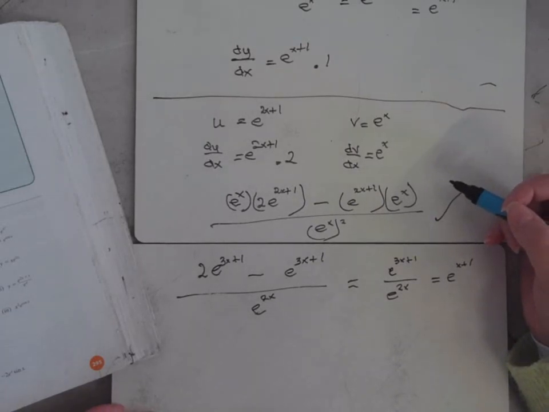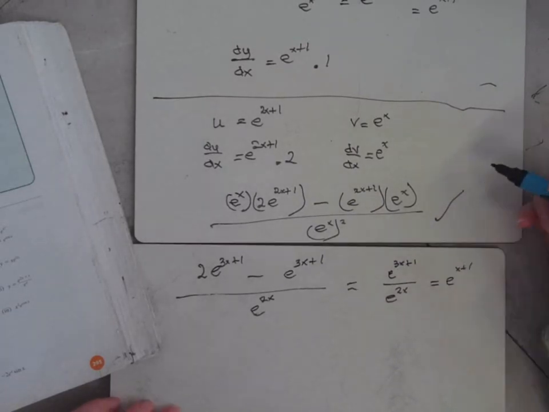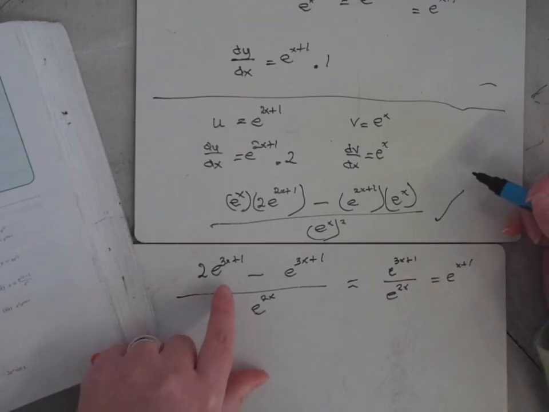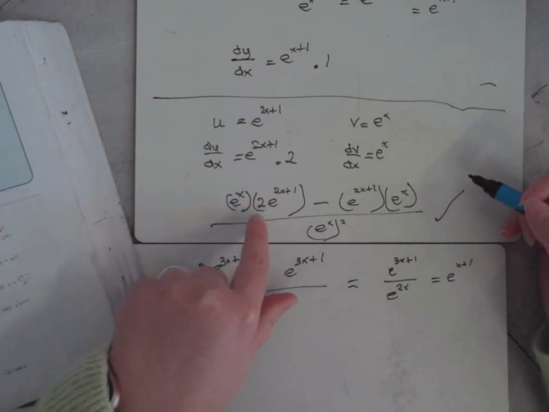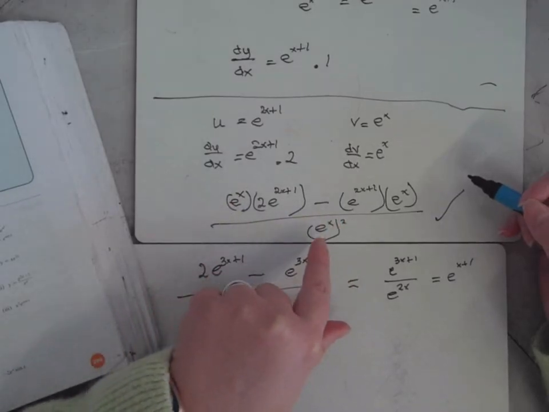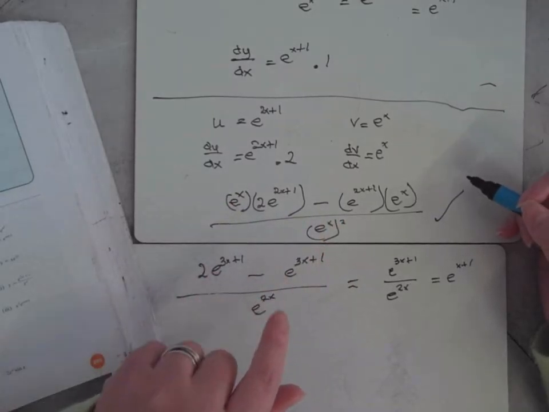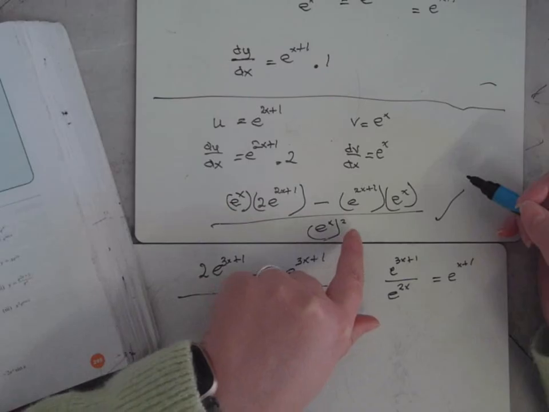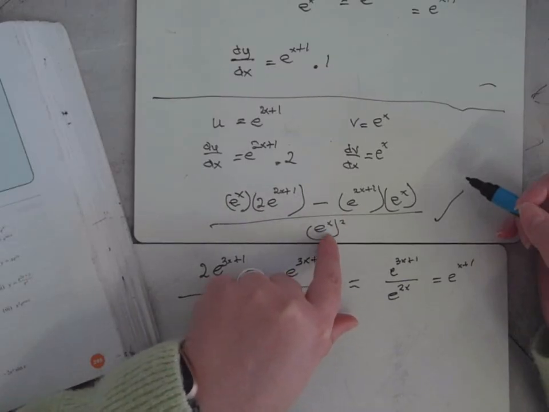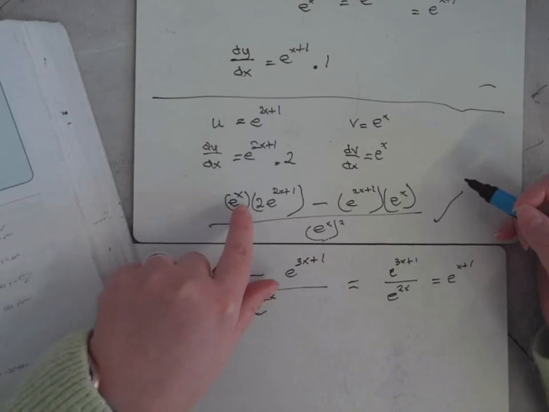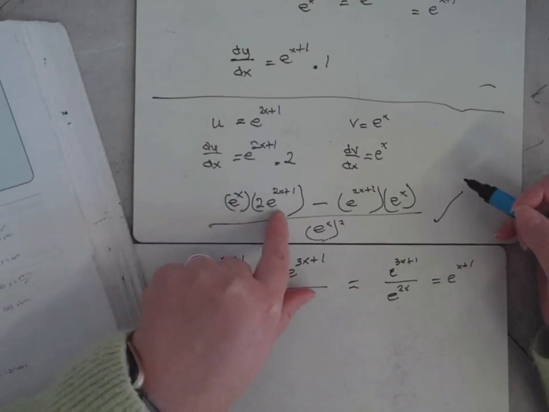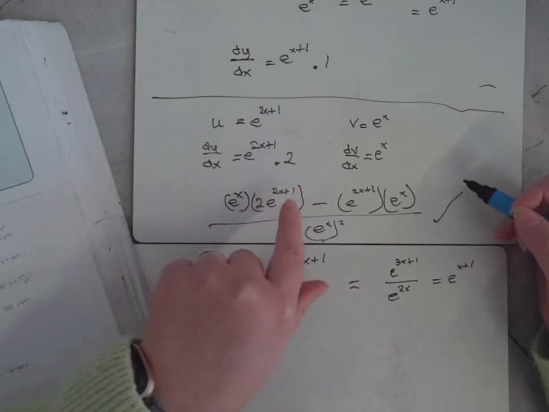Why did you add the indices on the top, but then on the bottom you multiplied them? Because that's the formula, as in I multiplied x by 2. When you're raising a power to a power, you multiply. And when you're multiplying one term by another, you add the indices.